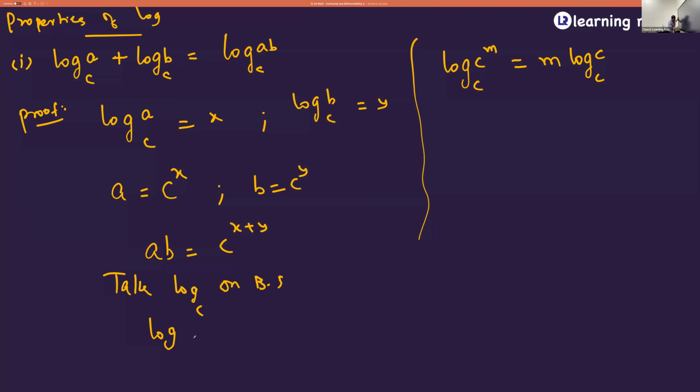Log of ab base c is equal to log of c power x plus y base c. Am I clear to this point? So what will happen to that x plus y using that logic? It will become x plus y into log of c base c.